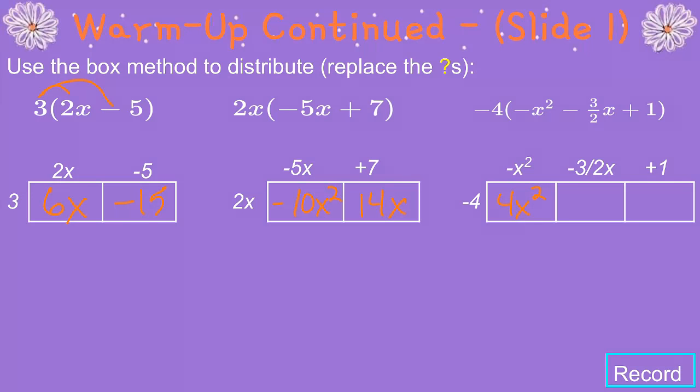Negative 4 times negative 3 halves x. Negative times a negative is a positive. 4 times 3 is 12, divided by 2 is 6x. That's the same one we did from the warm-up. And the negative 4 times the positive 1 is negative 4. So this really is the warm-up continued, just looking at it a different way.